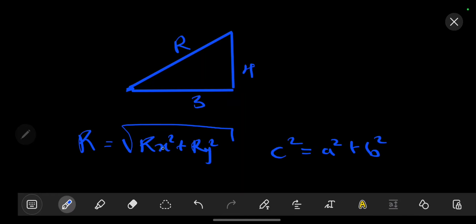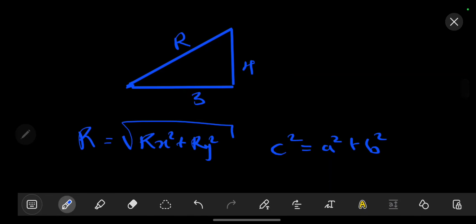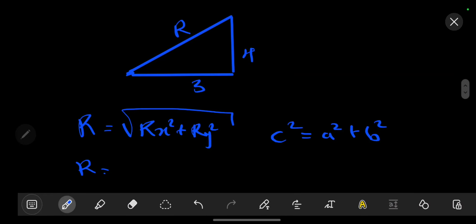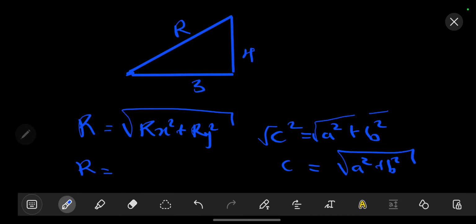Now here we are just saying that the x component squared plus the y component squared will give you your r. So in this case, our r, which is our resultant, in this case it is our c. Even here, when you make c the subject of the formula, introduce the square root, c should be equal to the square root of a squared plus b squared.